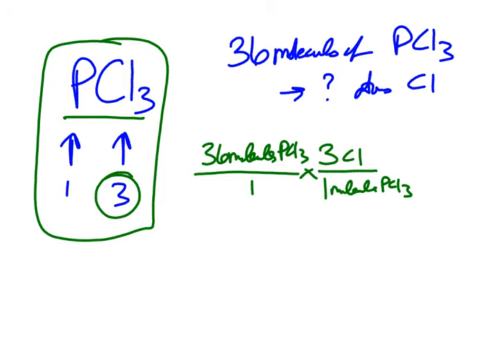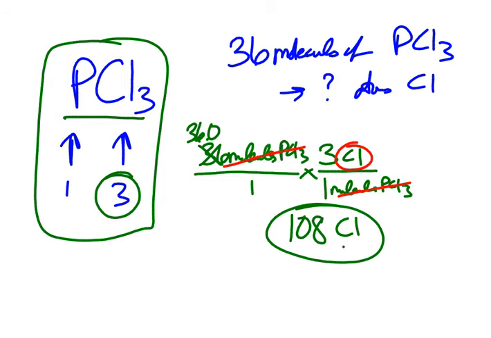Of course, that causes my molecules to cancel out. I'm left with just chlorine. So my final answer would be 36 times 3 is 108. In this case, I'm going to make it easier on me and just go 36.0, so we have sig figs. 108 chlorine atoms. And that's a simple dimensional analysis when trying to determine how many atoms are in certain molecules.